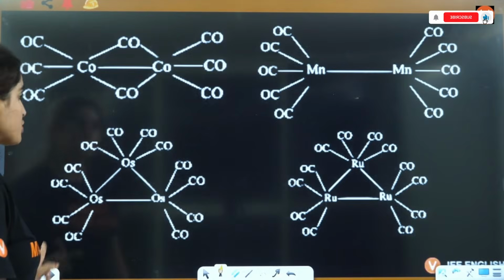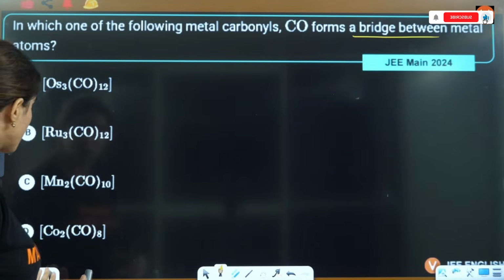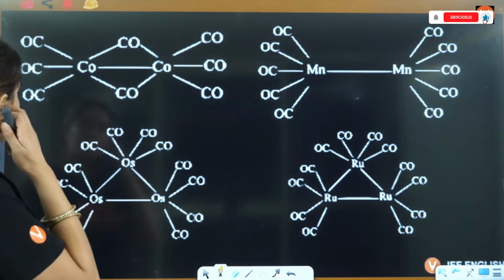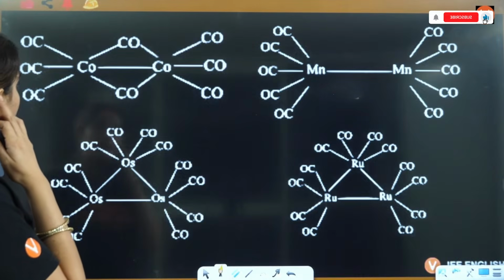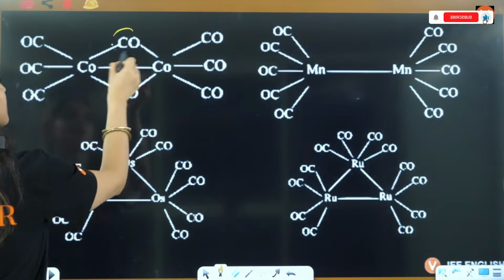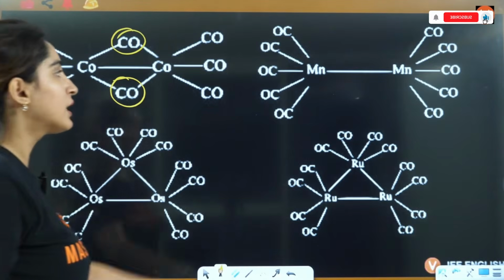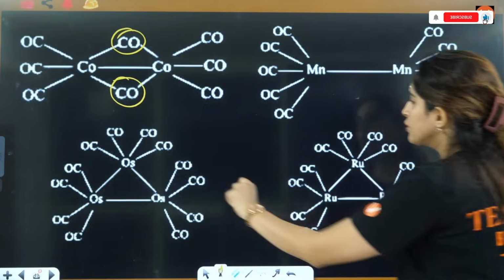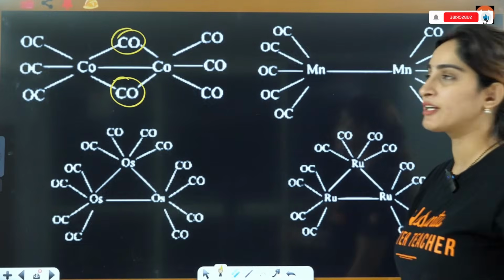Bridge, CO should form a bridge. CO should act as a bridging ligand here, right? So if you see this here, where CO is acting as a bridging ligand, only here. Here it is not acting as a bridging ligand. Here no CO is in the bridge, no CO is in the bridge. All are connected to the metal.